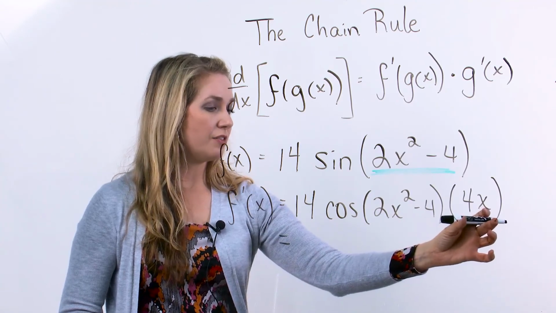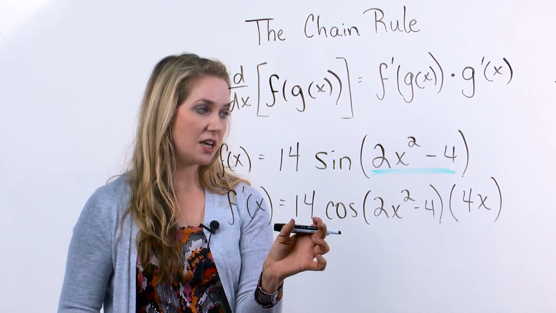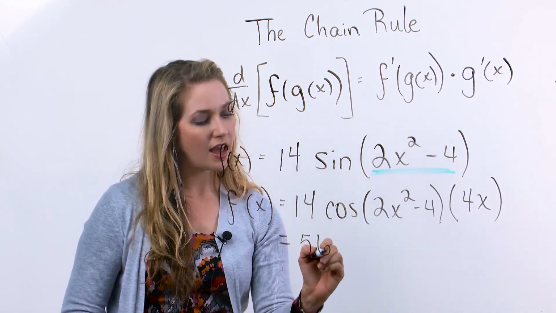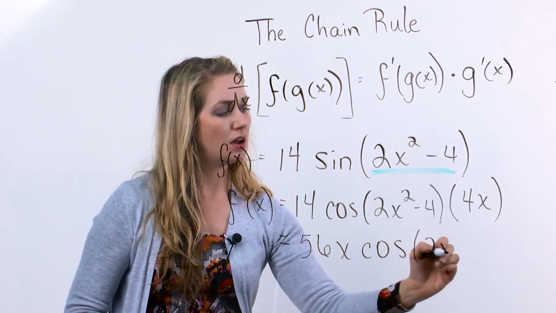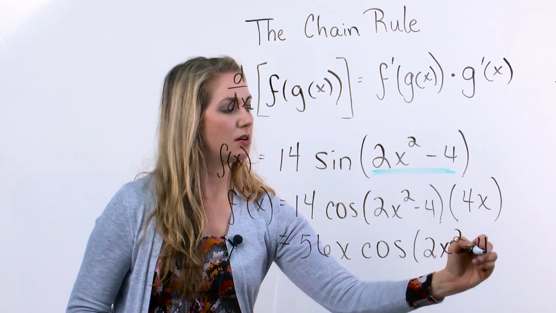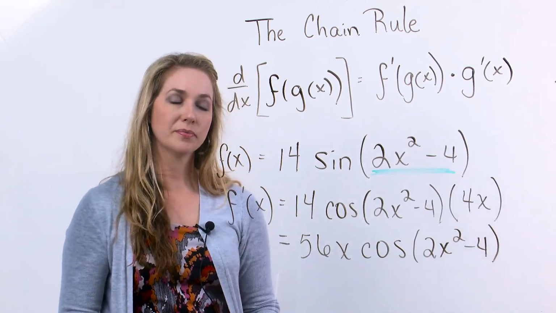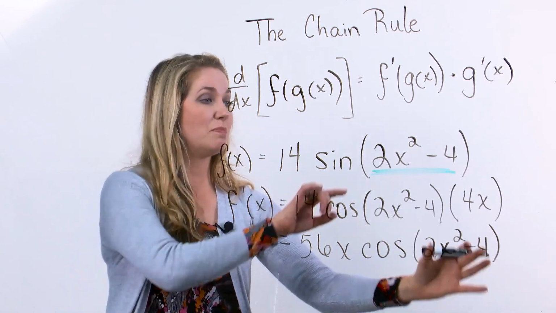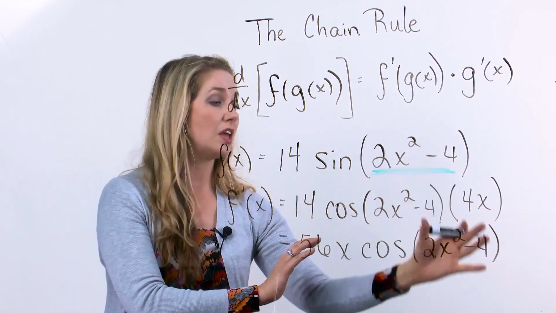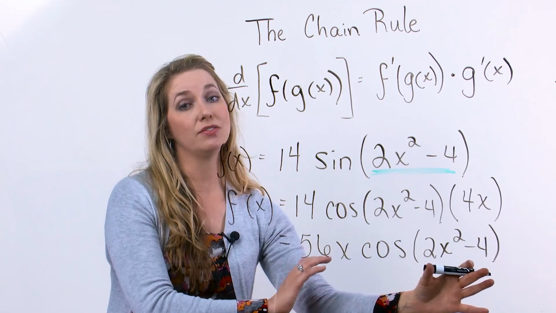So here I have a 4x times a 14, which gives me 56x times cosine of (2x squared minus 4). Notice that at the end, the embedded function that I started off with is still the same embedded function.